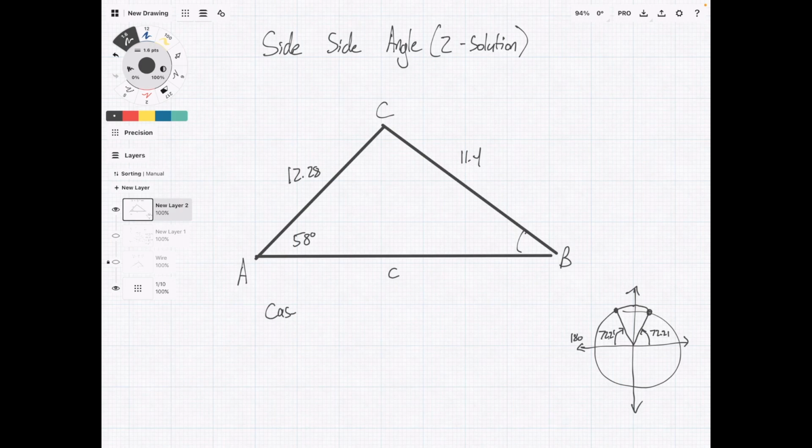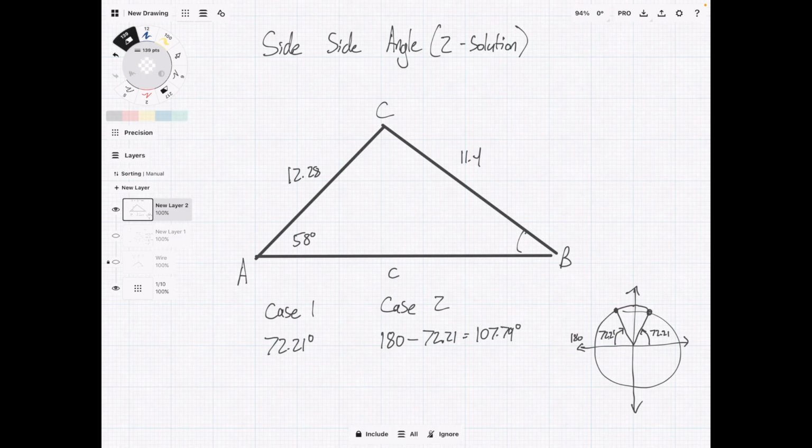We've already found case 1, which was our 72.21 degrees. Now we have to find case 2, which is really just a matter of subtracting 72.21 from 180 to give us 107.79 degrees. And if we plotted this over here, that is this angle, 107.79.